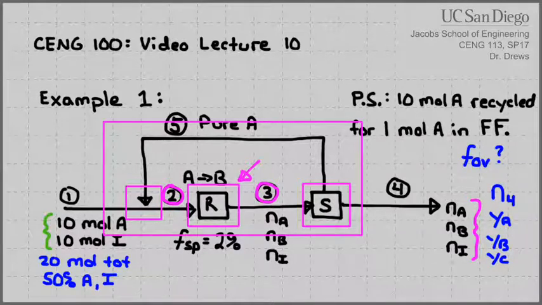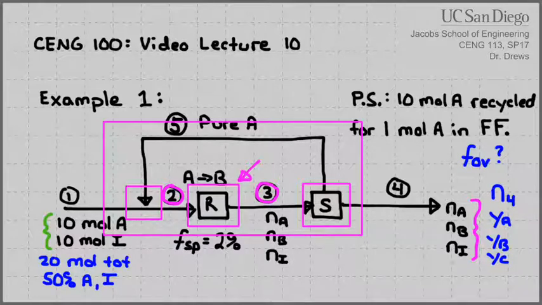We have no knowledge about any of those. We do know a little bit about stream 2 if you look at what's feeding into stream 2. It has to be only A and I, right? Stream 5 is pure A and stream 1 is just A and I, so there can't be any B in stream 2. But other than that, we don't know anything.